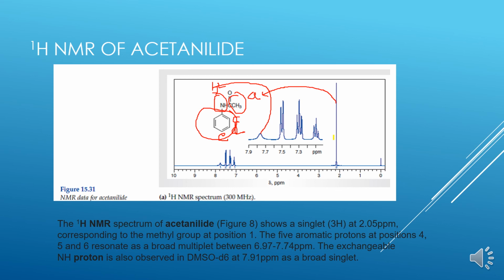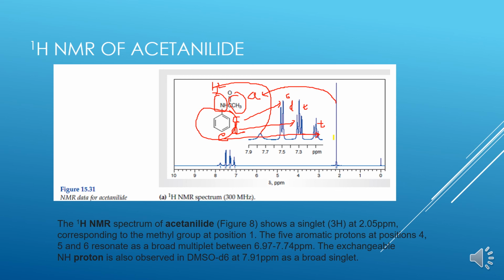Ortho protons are split to give a doublet. Meta protons are split to give a triplet. This is ortho, this is meta, and this one is para. This is a triplet, this is also a triplet, and this is a doublet. Near the ortho position, only one meta proton is there, therefore it is a doublet.